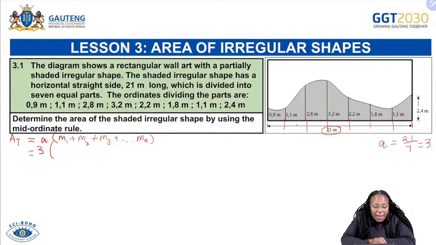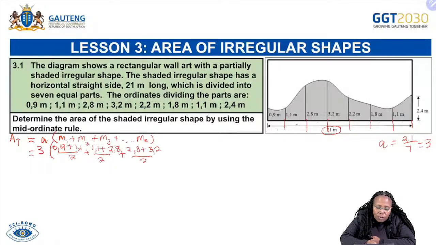And then remember M1 means ordinate 1 plus ordinate 2. So that is 0,9 plus 1,1 over 2. Ordinate 2 means 1,1 plus 2,8 over 2. Ordinate 3 means plus 2,8 plus 3,2 over 2.